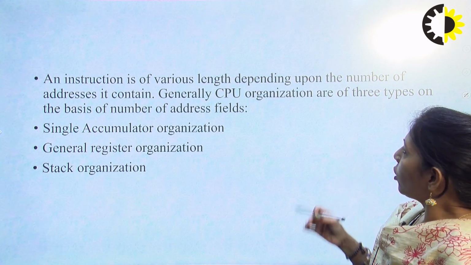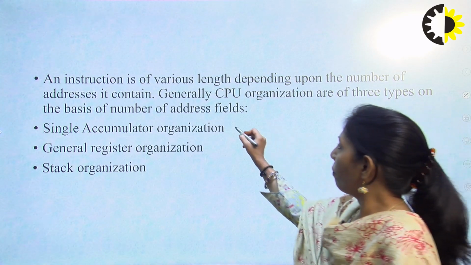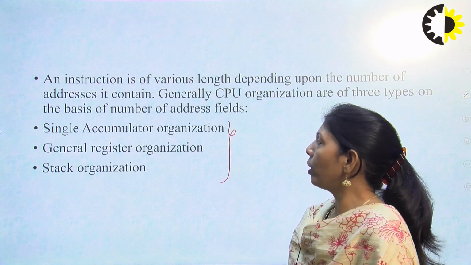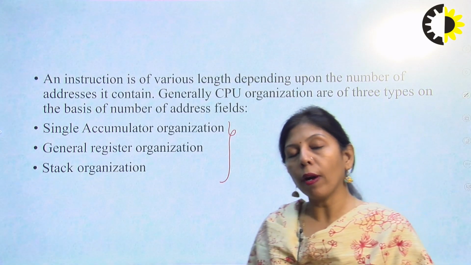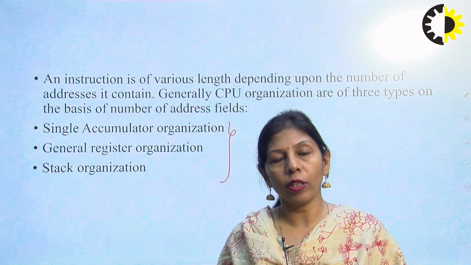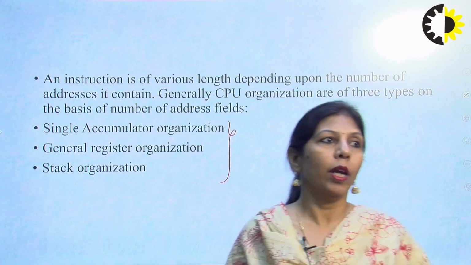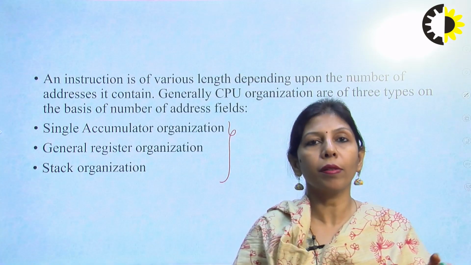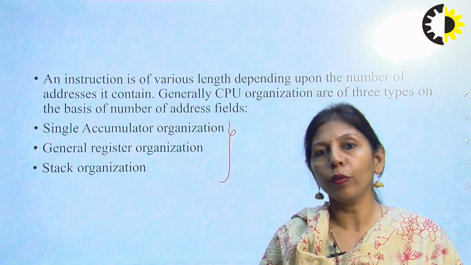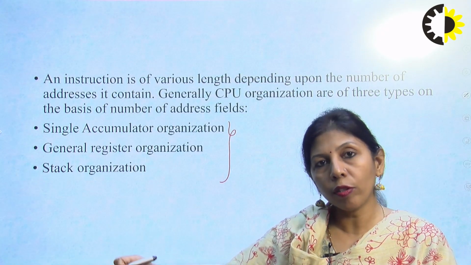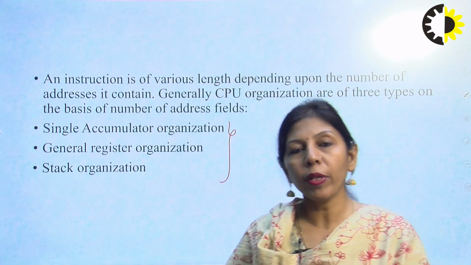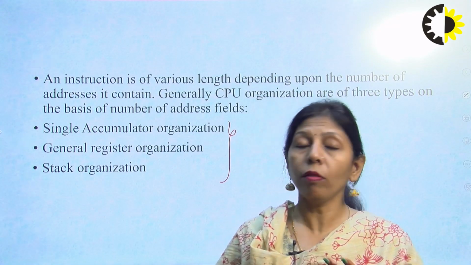So the instruction is of various length, and I have already told that it depends upon what type of computer organization, what type of processor organization we are following. Whether we are using a single accumulator, or we are using various registers. Register 1 may be there, register 2 may be there, register 3 may be there.